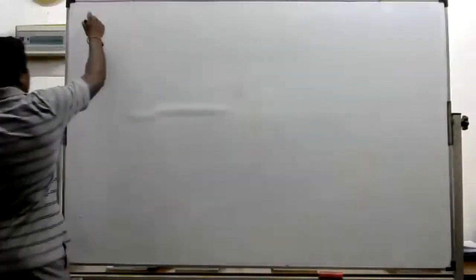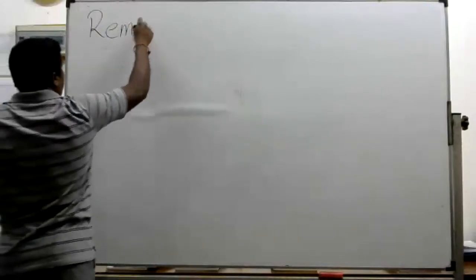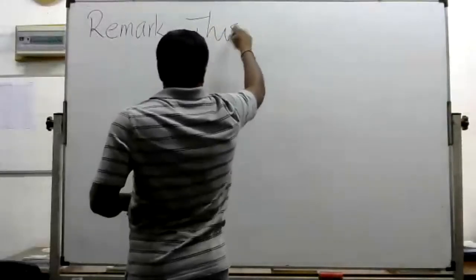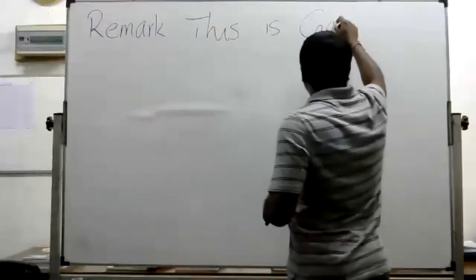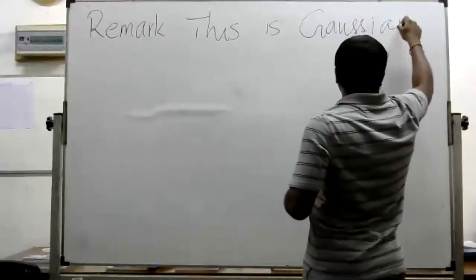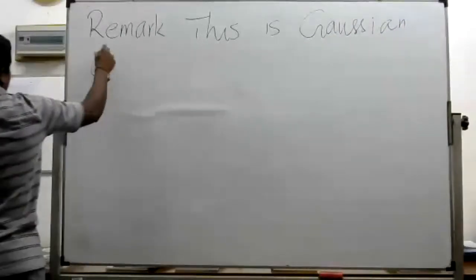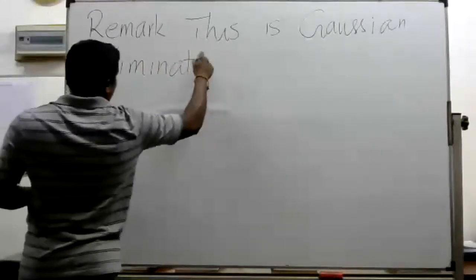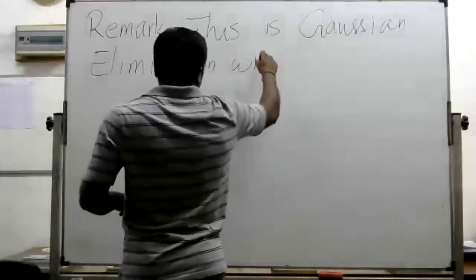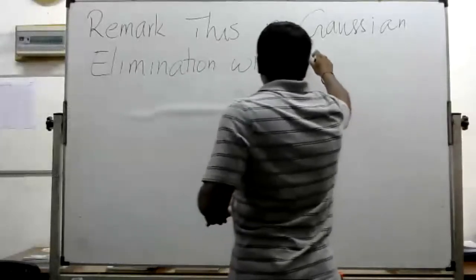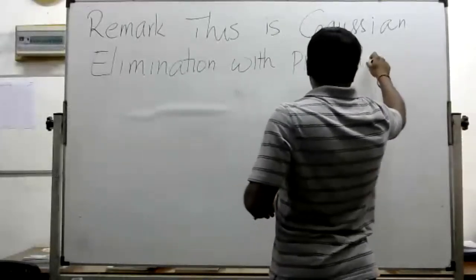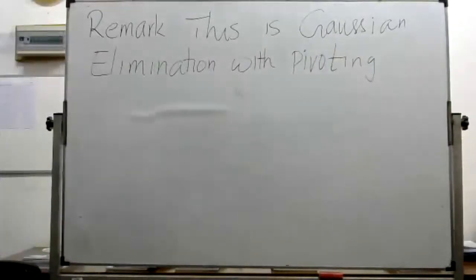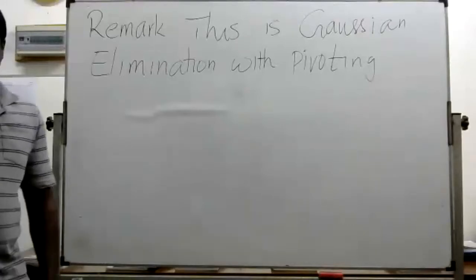Okay, so as a remark, this process is called Gaussian elimination with pivoting.